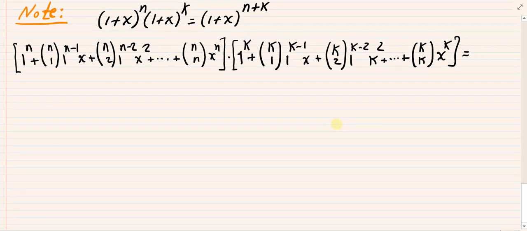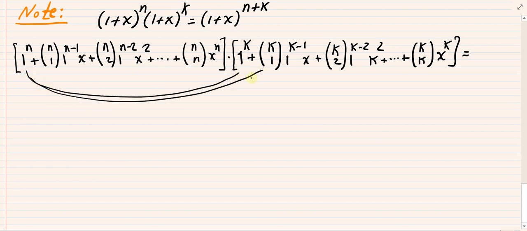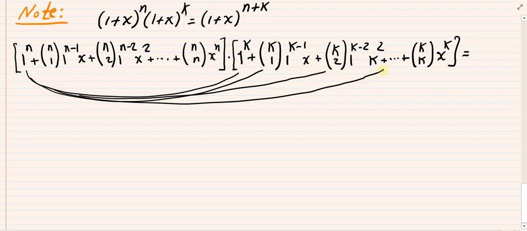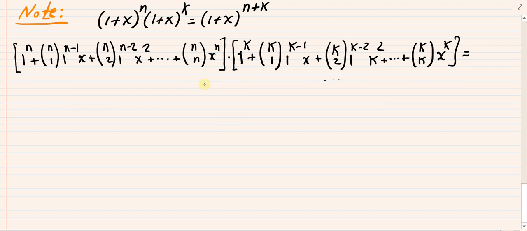Okay, and of course we can use the distributive property, and we can distribute each and every term of the first binomial expansion to each and every term of the second binomial expansion, right?